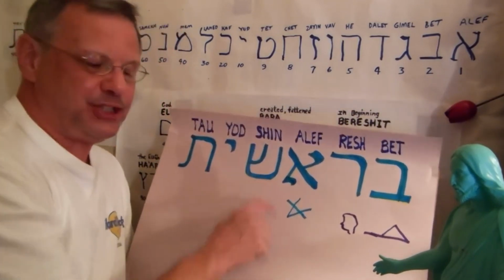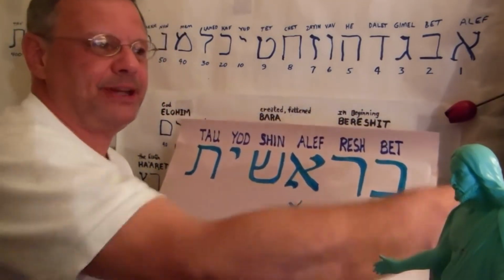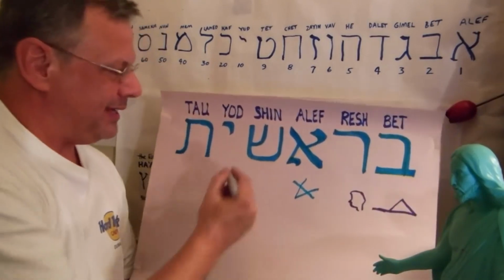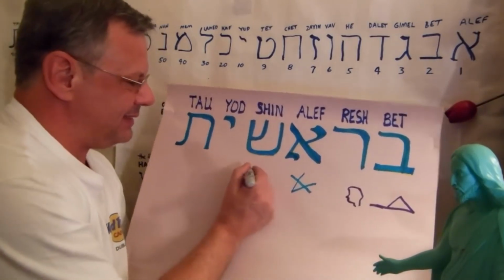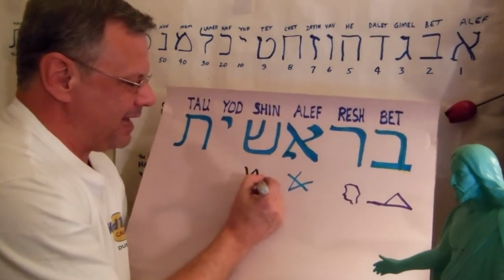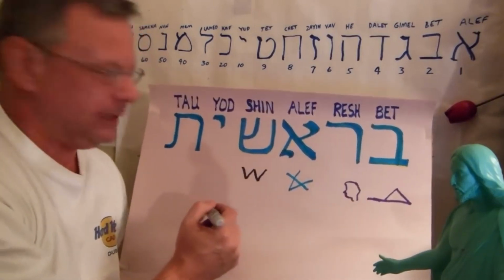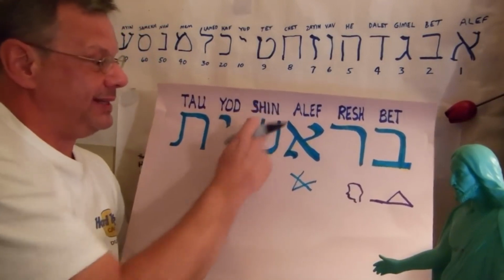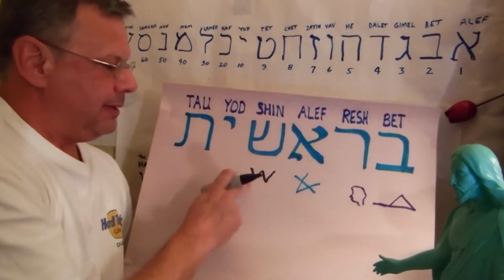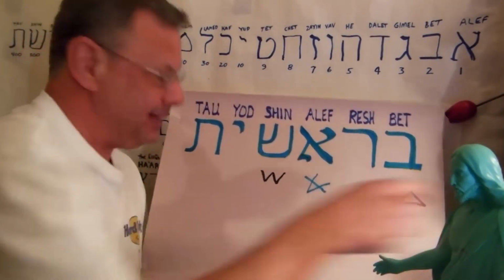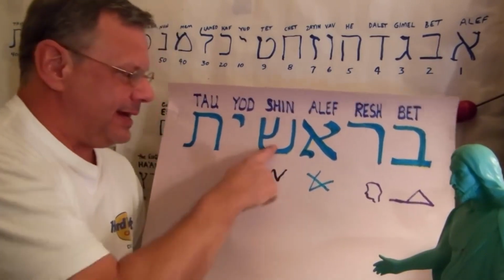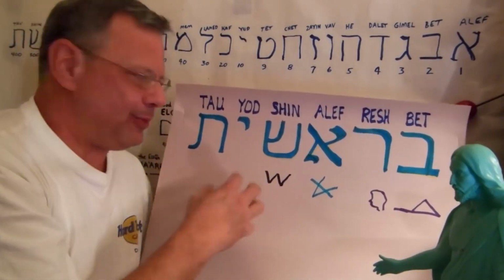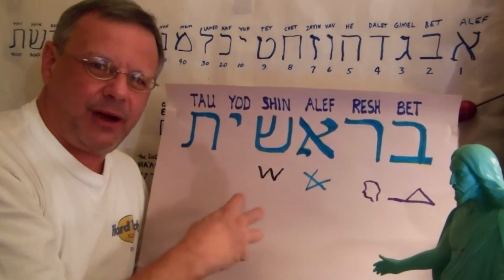We come to the Sheen. It has an ancient picture also associated with it. Its picture is, I'm doing it in black, teeth. It looks like a W. In fact, Sheen, it's the Hebrew letter that looks like a W. But it's actually teeth. You see devouring teeth? And anytime you see a Sheen, it represents destruction and devouring.